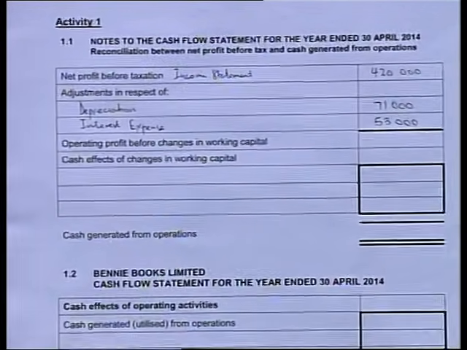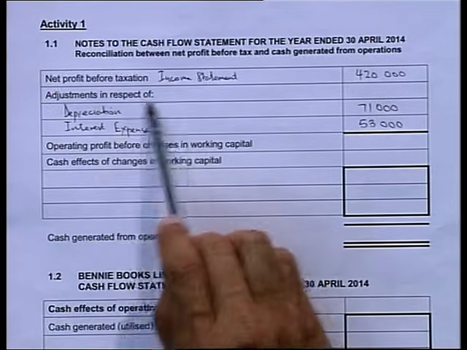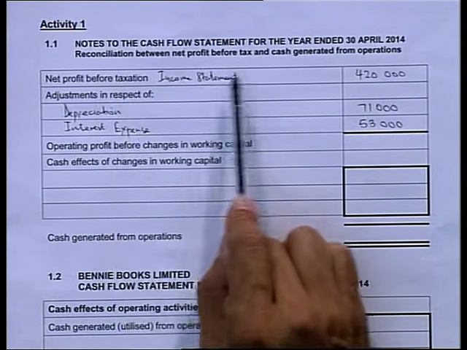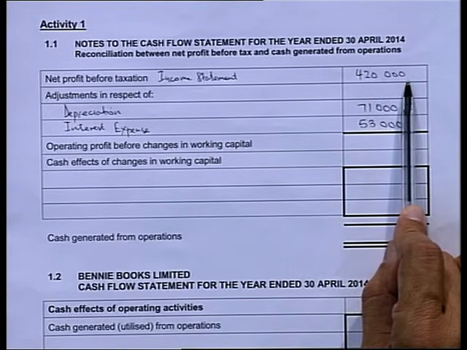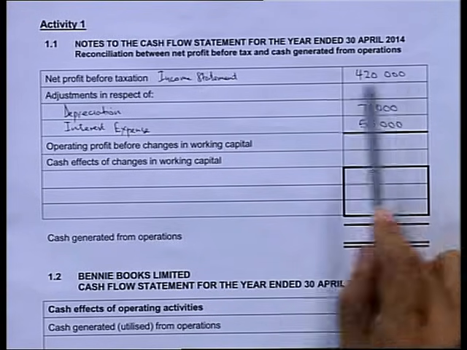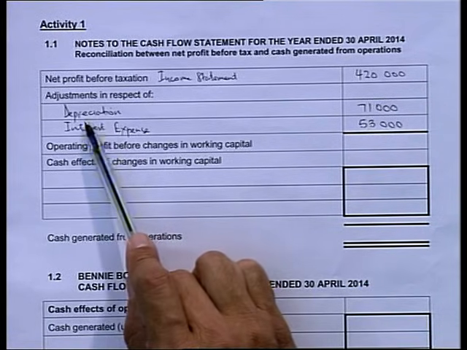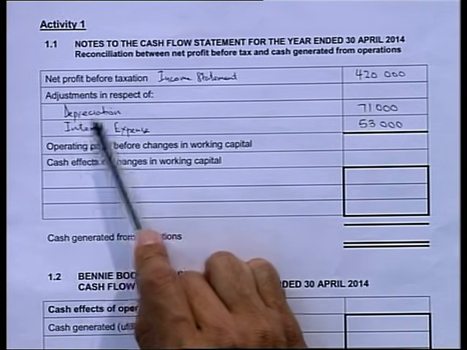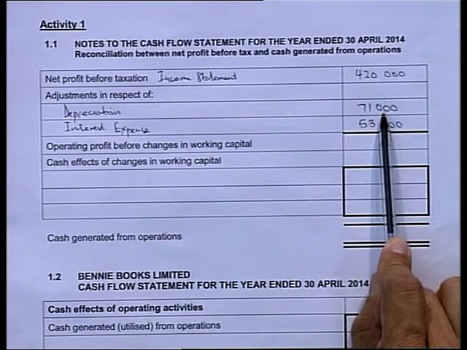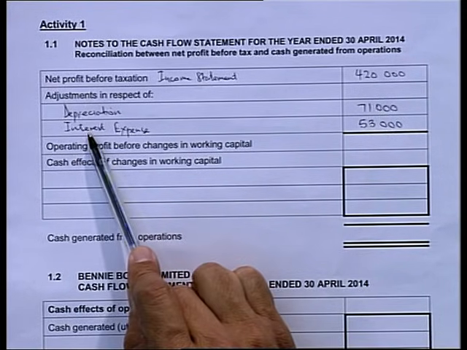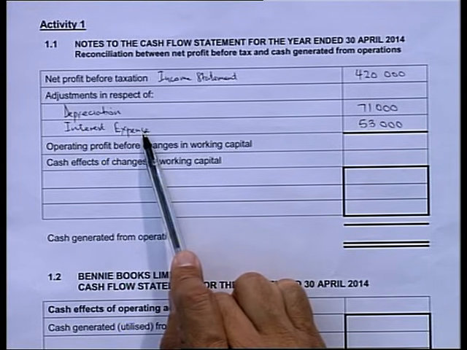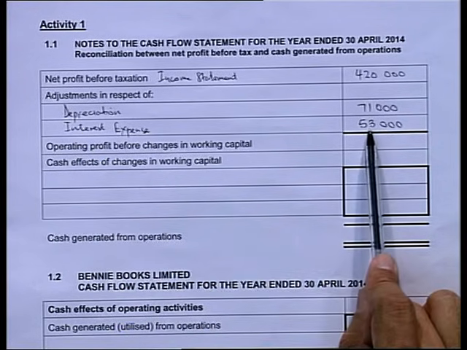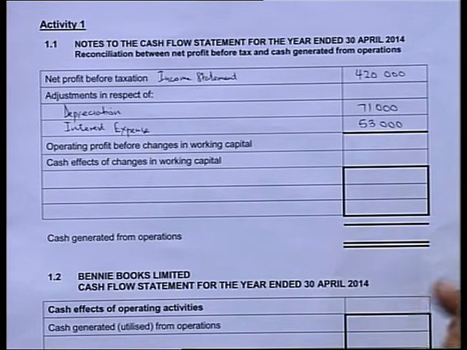Right. So just to recap quickly, net profit before tax we get from the income statement, 420,000 as it is. Then the next item is the depreciation, 71,000. They call it interest on loan, but when it comes from the income statement, we're supposed to call it interest expense. So we have the 53,000 as the interest expense.